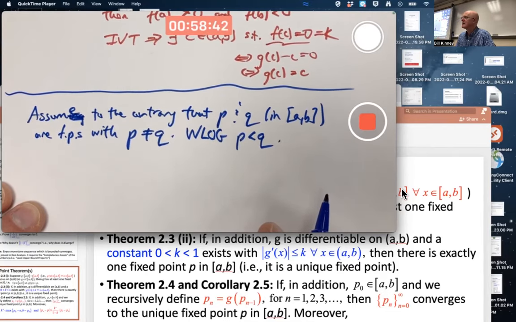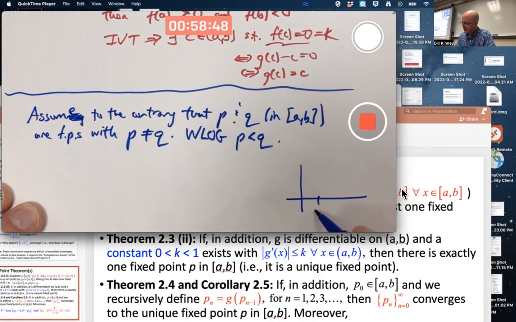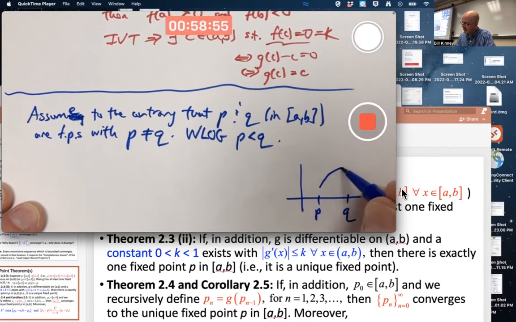What does the mean value theorem say? The mean value theorem applied to a continuous function on, say, the interval from P to Q, where the function is more than continuous, it's also differentiable.